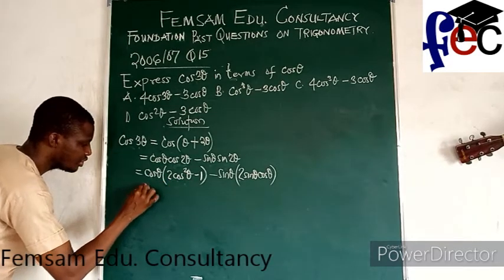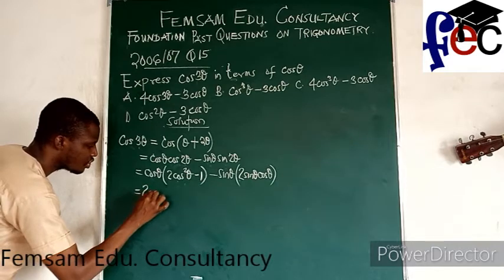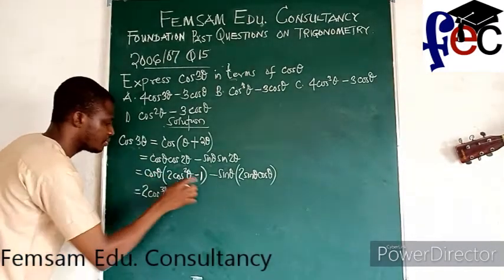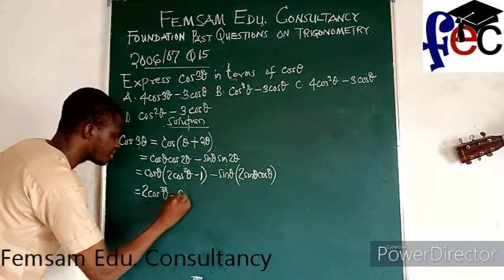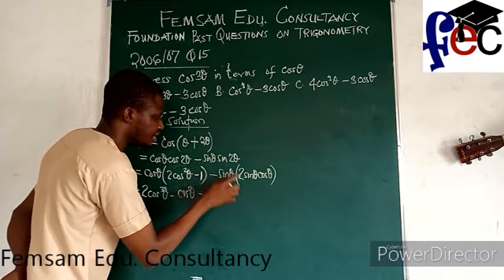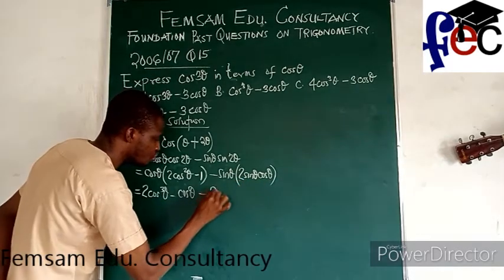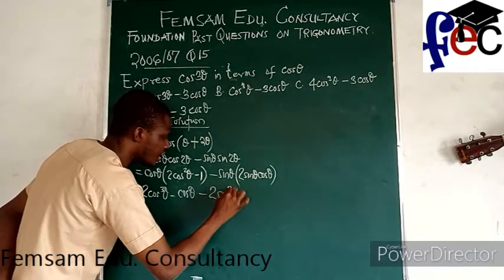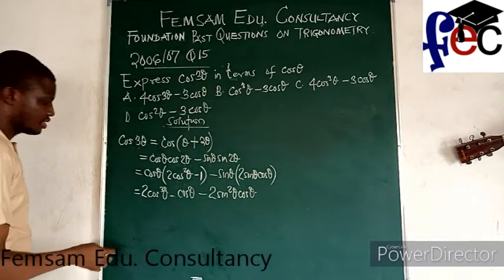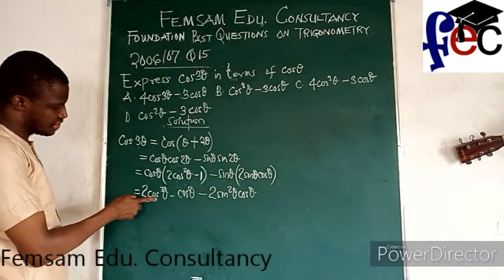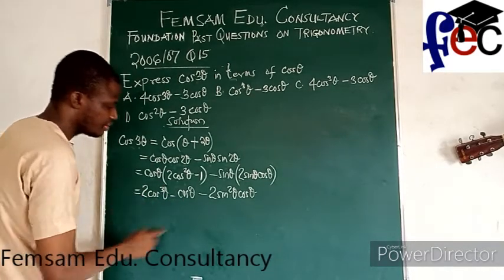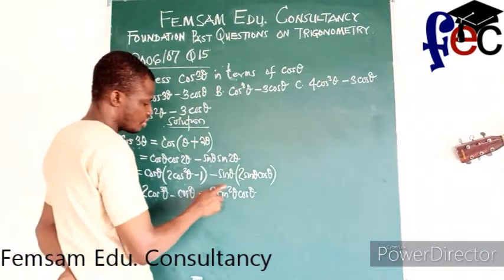Okay, so now I can open the bracket, cos theta times 2 cos square theta. That will give me 2 cos cube theta. This multiplied by this will give me cos theta. Minus sin theta multiplied by this will give me 2 sin square theta cos theta. Alright, so I've been able to achieve this 2 cos cube theta minus cos theta. Then this is minus 2 sin square theta cos theta.